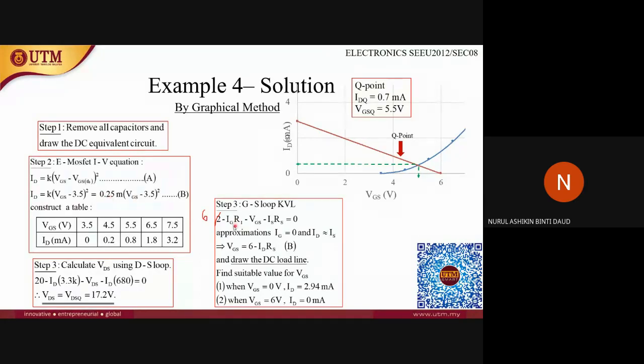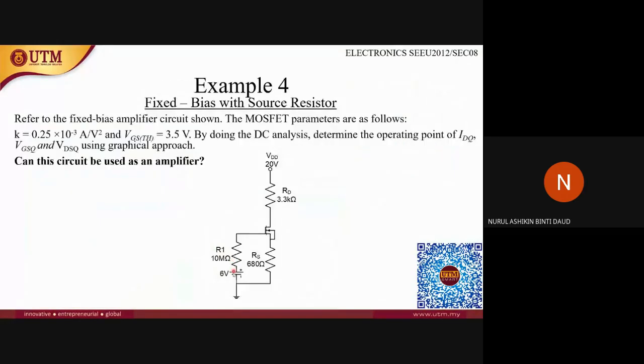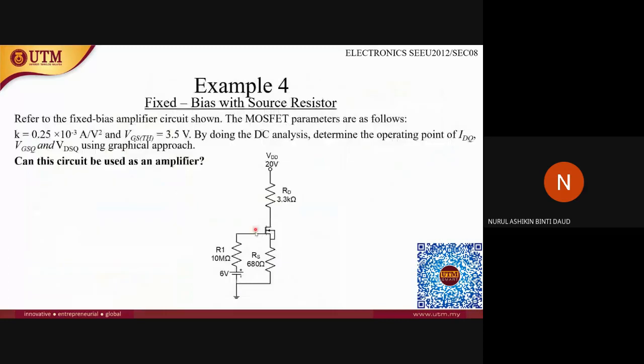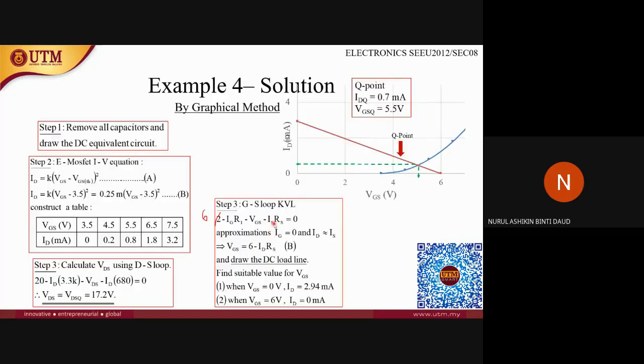So 6 volts here, minus the potential drop at this resistor, and then minus VGS at this point, and then minus the potential drop at RS, IS.